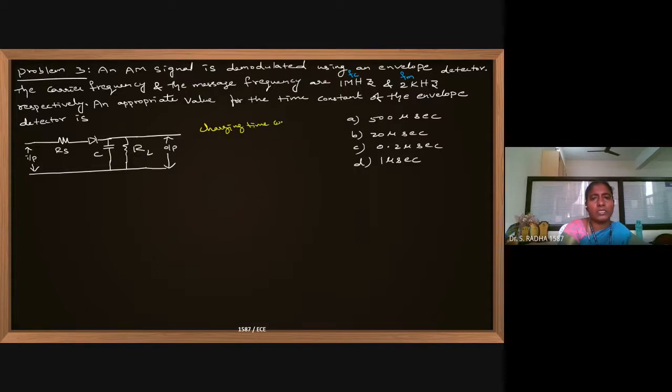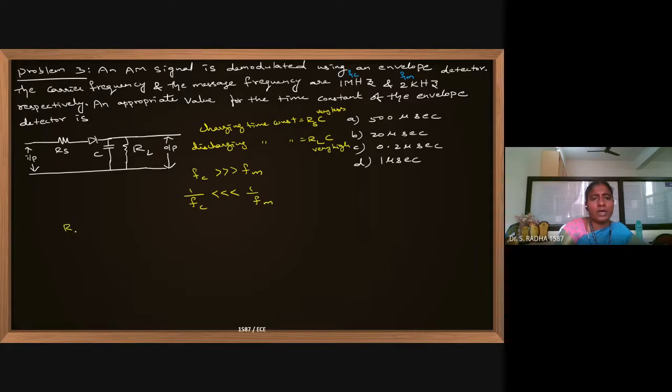Charging time constant is Rs into C, discharging time constant is RL into C. FC is a very high frequency, FM is a very low frequency, but if we take 1 by FC and 1 by FM, then this similarity will change. Charging time is a very small value, and discharging time is a very high value.